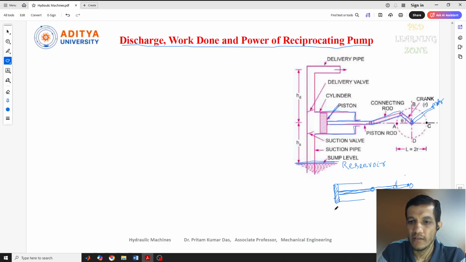That means the piston starts moving from the left side to the right side. Suppose this is the 0 degree angle, and slowly the angle theta increases.